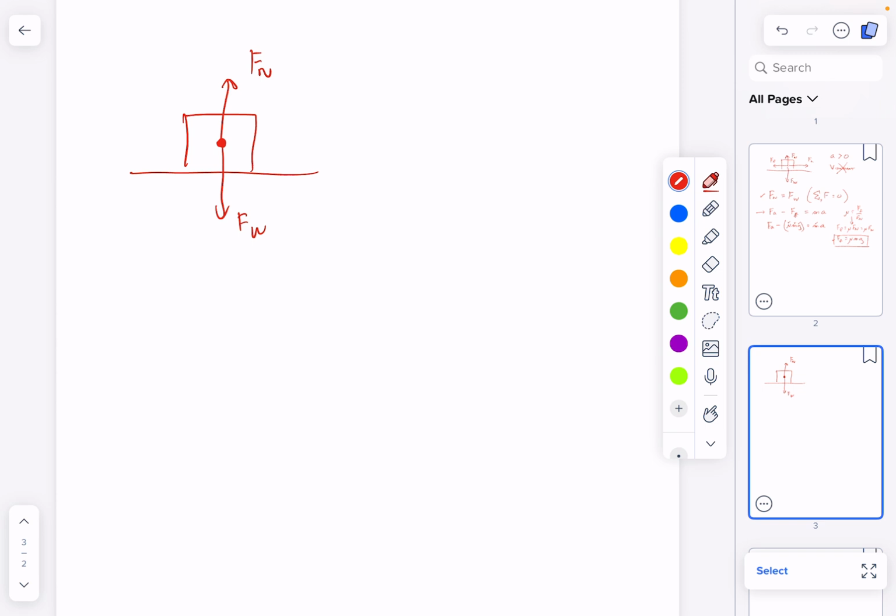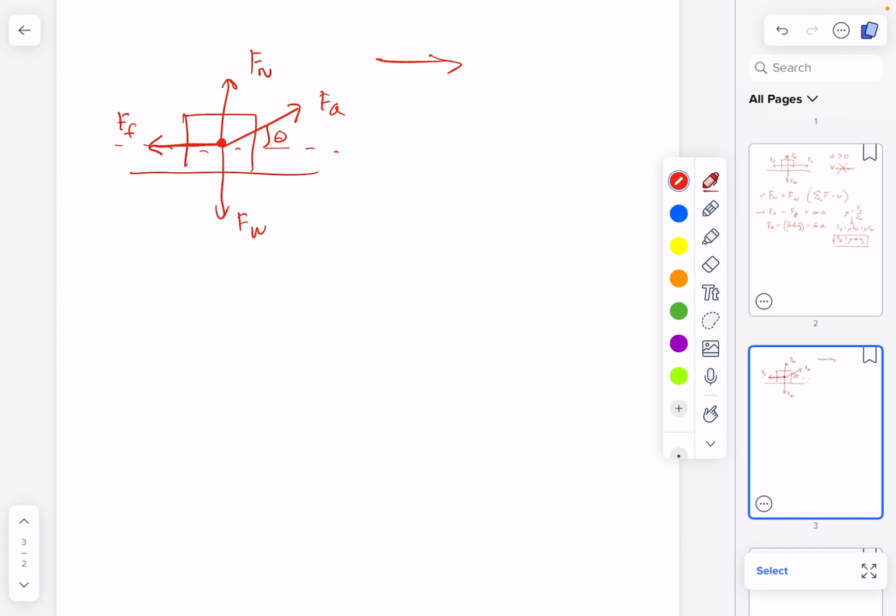And let's suppose we have an applied force acting at an angle, and that angle is some angle theta. And because this is going to be going to the right, that means we have a force of friction acting parallel to the surface in the opposite direction.